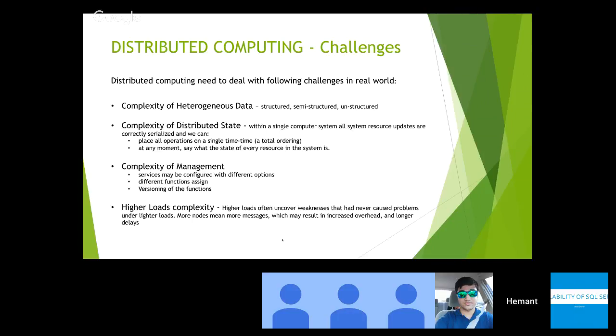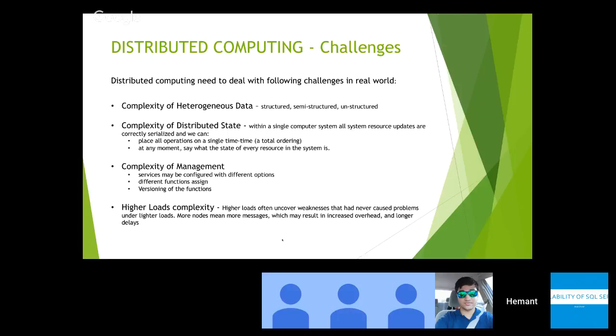They place all the operations on a single timeline, so we get total ordering in that case. And at any moment, we can get to know the state of every resource in the system, but that is not available when the components are distributed. So ordering is a challenge, and knowing the state of the resource and the data it worked on is a big challenge too.